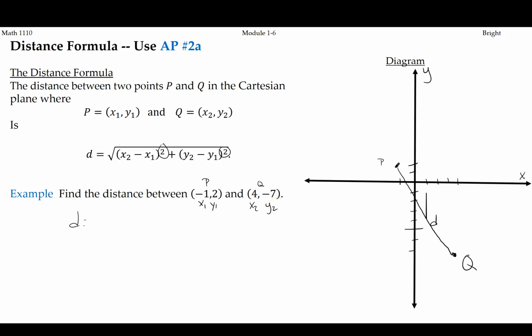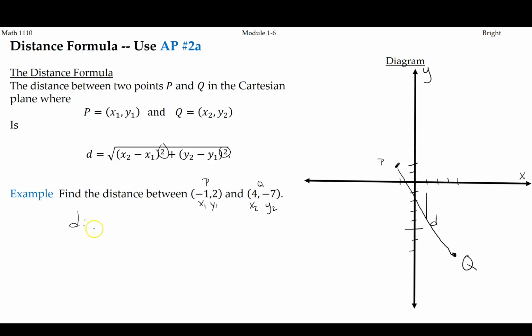If you happen to flip them around, the square is going to take care of the opposite ordering. So don't worry about flipping around, as long as you always use the first ordinate to represent x and the second ordinate to represent the y value.